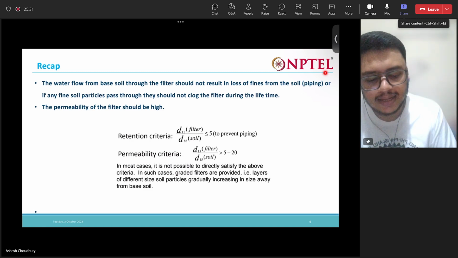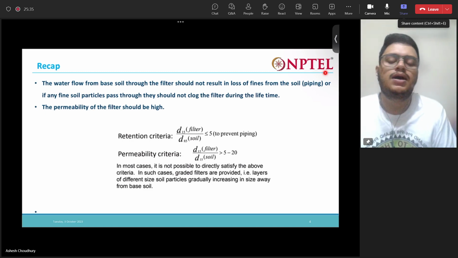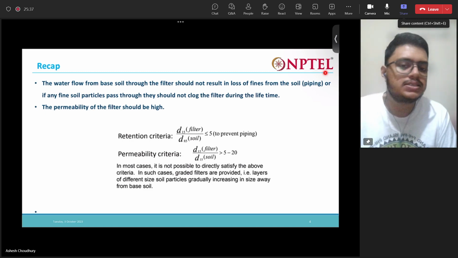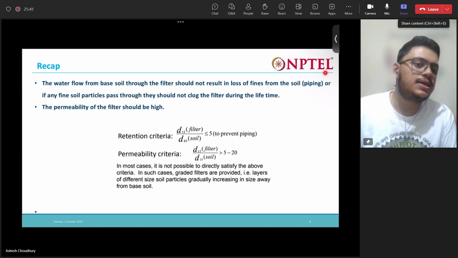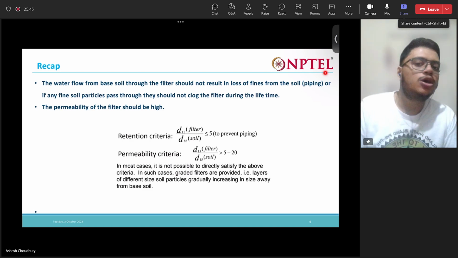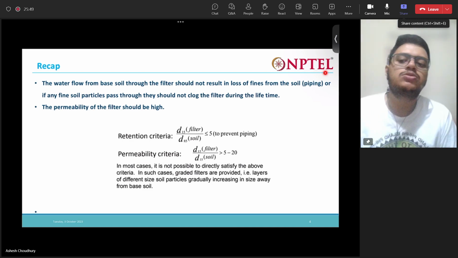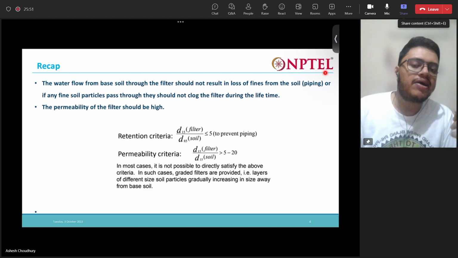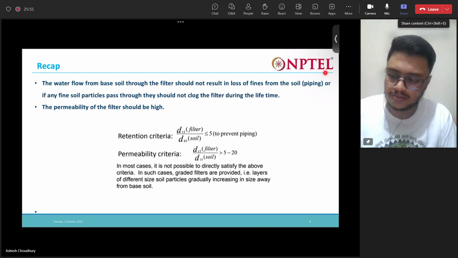If the fine particles clog the pores, the water won't be able to pass easily, so high hydraulic pressure will be generated at that end. Say you're using a filter at the end of a dam, high uplift pressures will be generated there. So fine particles should not clog the pores of our filter.